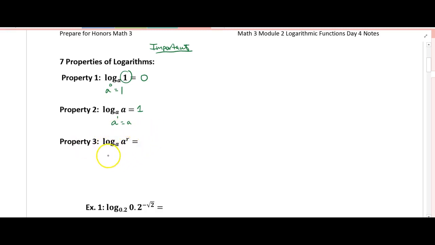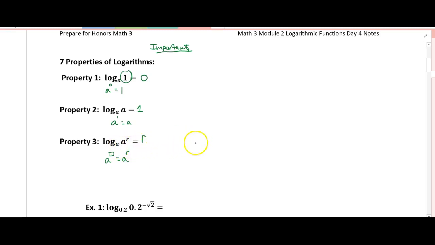Now, property 3, if I do log base a of a to the r, look what happens here. If I write the exponential form, a to what power would give me a to the r? Well, what is that going to be? That's just going to be r.